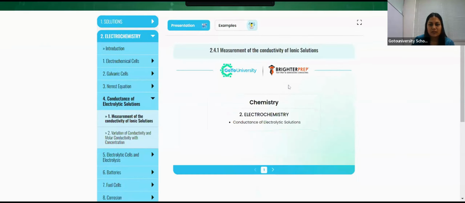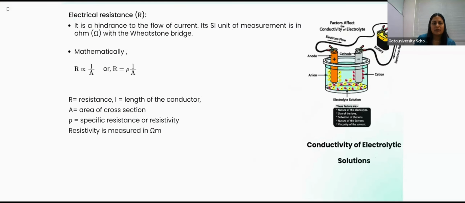Before moving to electrolysis and conductance of solutions, we need to get familiar with some definitions. We were discussing friction: as we know, to walk on the floor, friction is necessary.